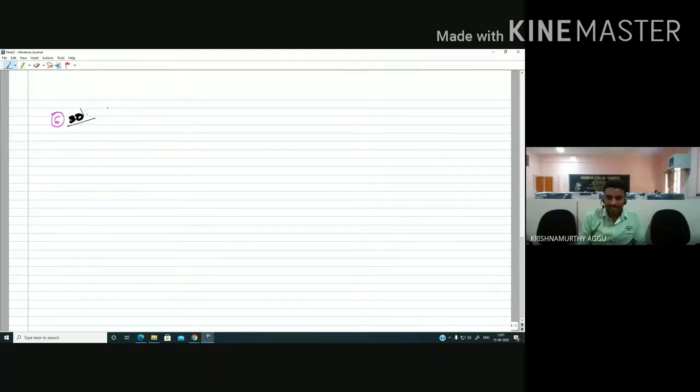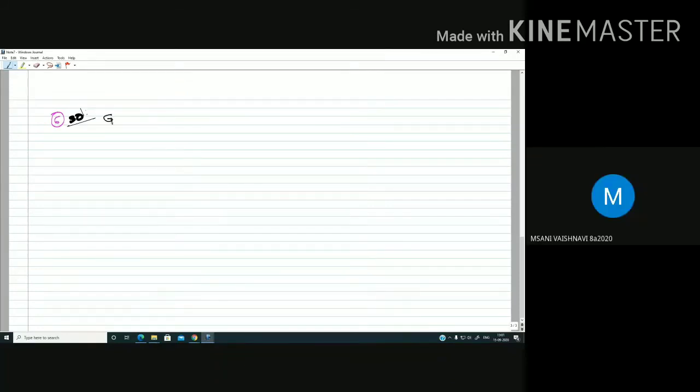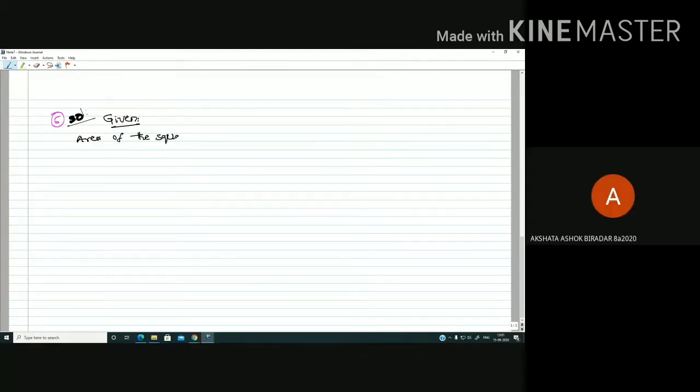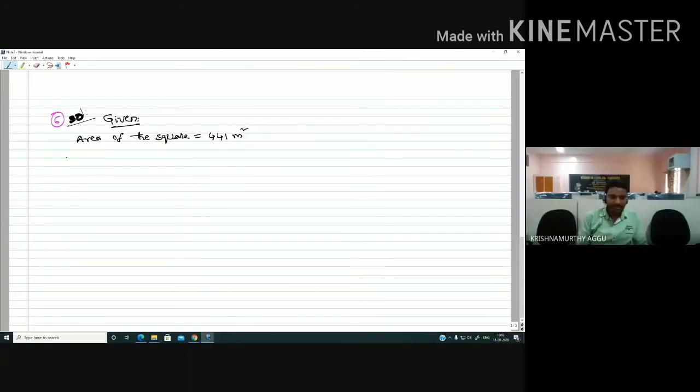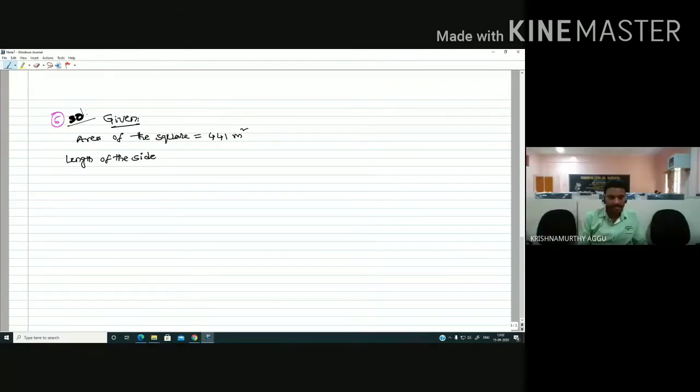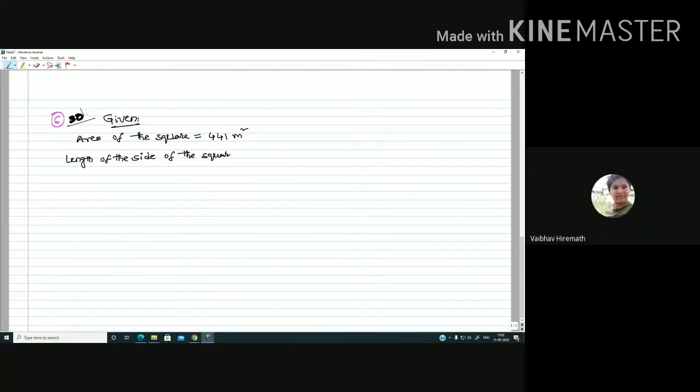Area of the square given is equal to 441 meter square. What are they asking us to find out? Length of the side of the square. They are asking us to find out the length of the side of the square.